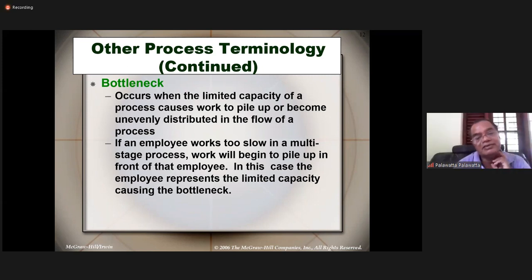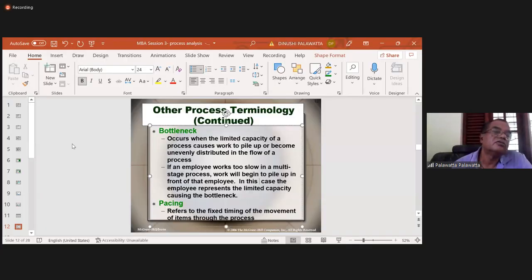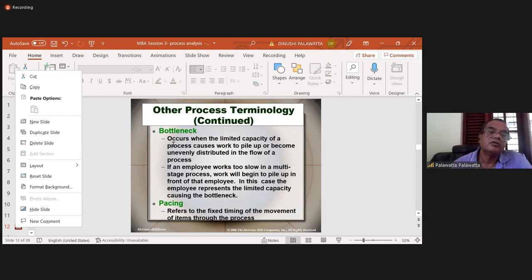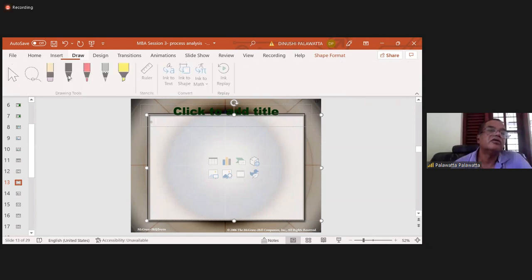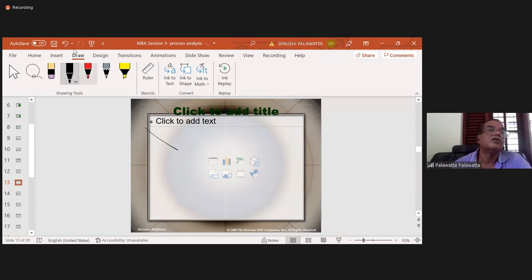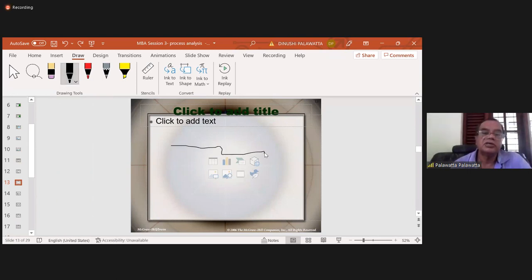So why the term bottleneck is used. Imagine the shape of a bottle.